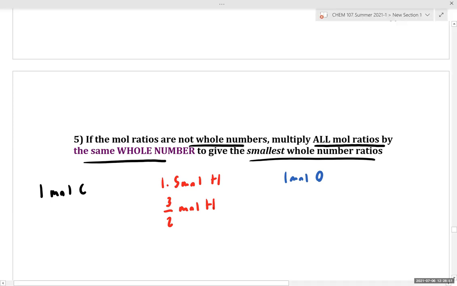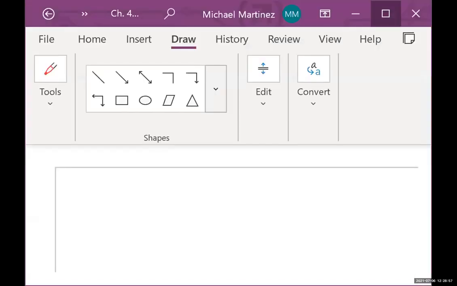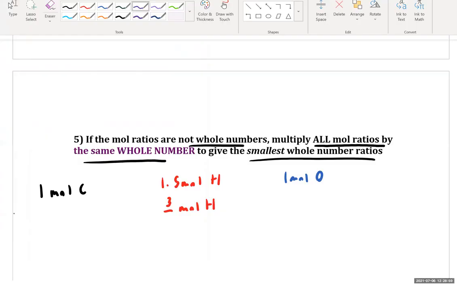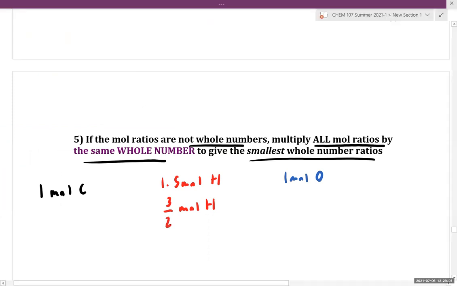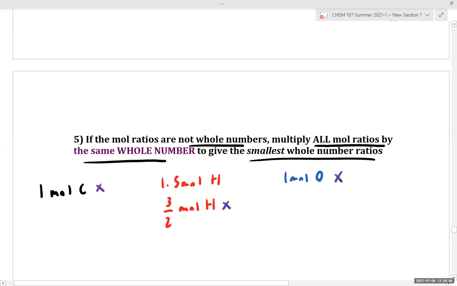Okay, so if we want to get rid of our fraction and we want a whole number mole to mole ratio, what should we multiply each of these moles by? If we want to get rid of this fraction of 3/2, what whole number would get rid of this fraction?